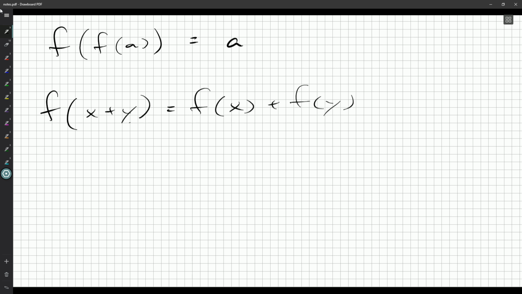Is there a way for us to work with this? Well, I suppose I could create some b so that f of b is x. Is that possible? No, we don't necessarily know that the range is all integers. I mean, for all we know, it could be, well, I can't be sending everything to 0.